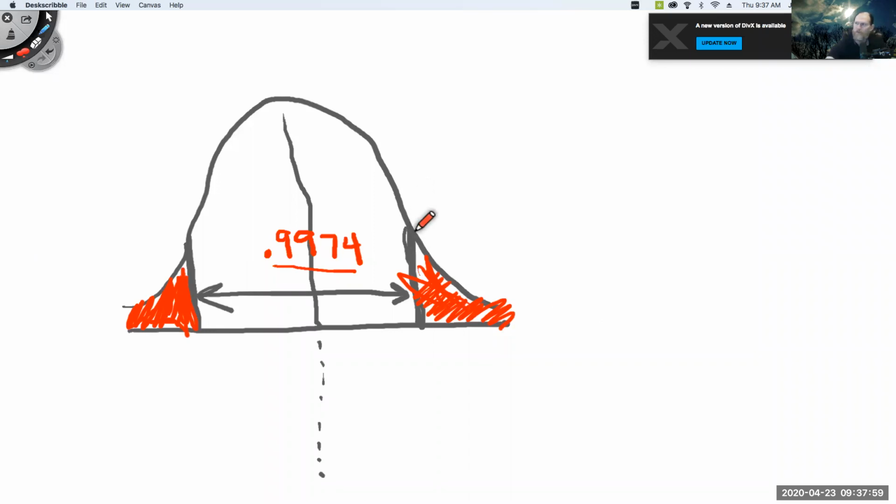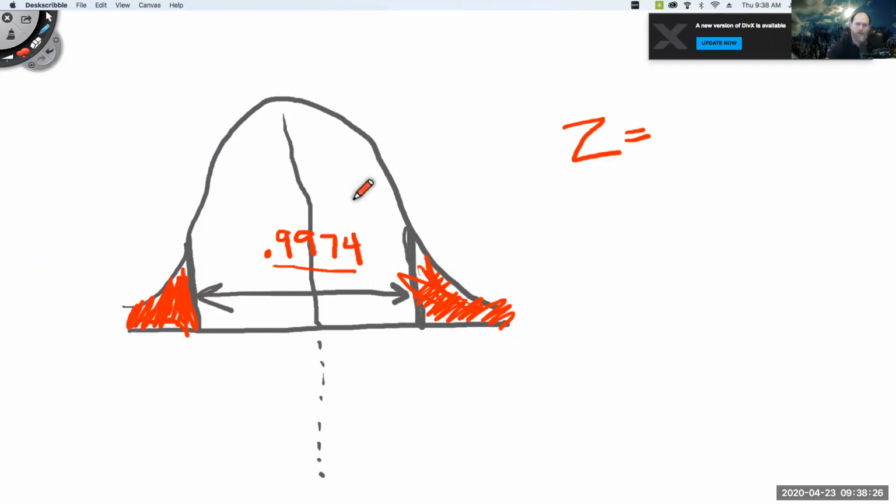Well, to figure out what that performance would be, I need to find out a value for Z that will go into formulas that I use. So to determine a value for Z using something like this, the first thing I need to do is identify the total of these two red areas.